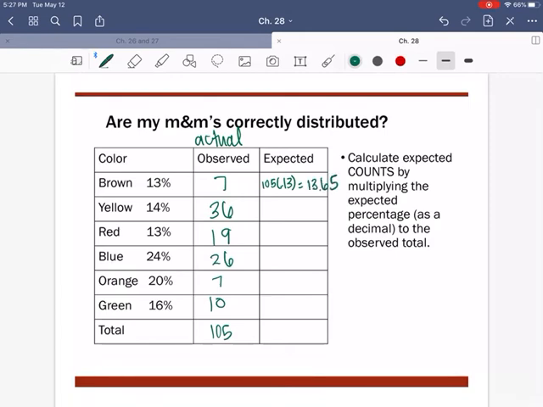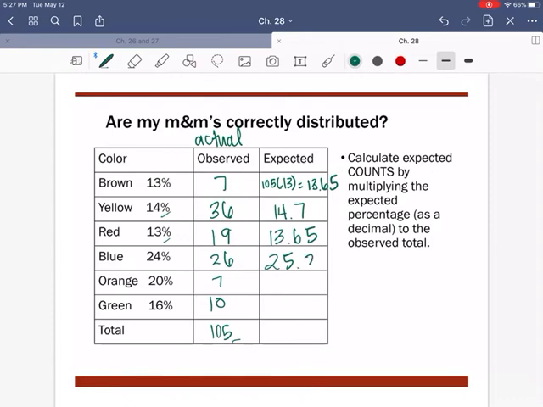So out of 105, 13% is 13.65. And I'm not going to round. No reason to round. So then 14% of 105, 14.7.